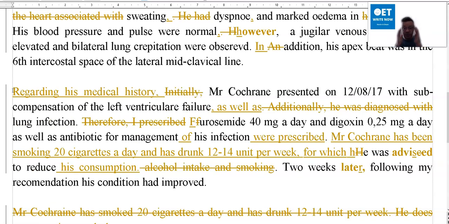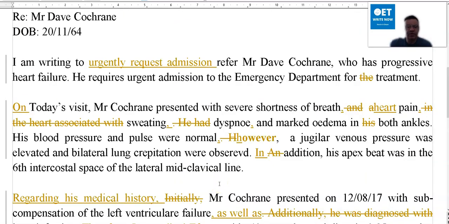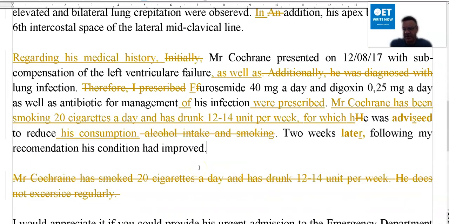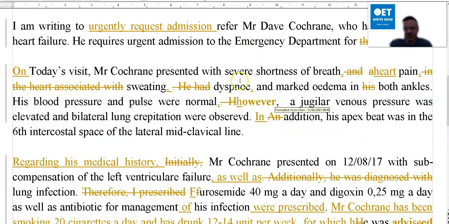Mr. Cochrane presented with this, smoking, drinking. 2 weeks later, following my recommendation, his condition had improved. Now, it's just this thing about his condition had improved. If it had improved, then why was he coming in earlier complaining of all this shortness of breath? So there must be something there. Again, the case notes might say something else, right? But I don't have those.